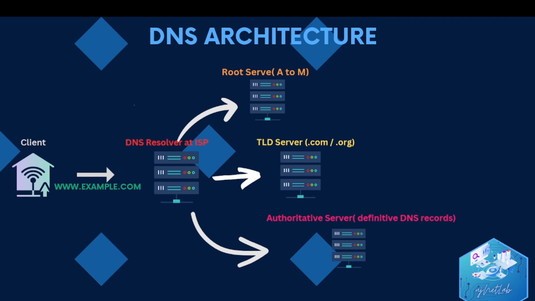According to that, it will not actually forward the request to the TLD server, but instead tell the ISP, here is the TLD server, it's located at such a place, you need to go there.